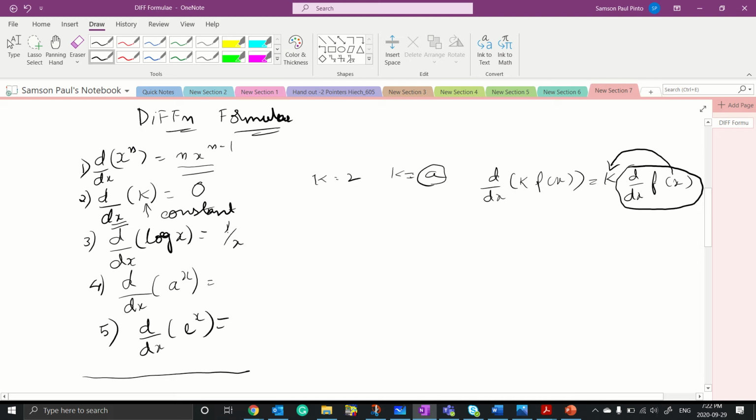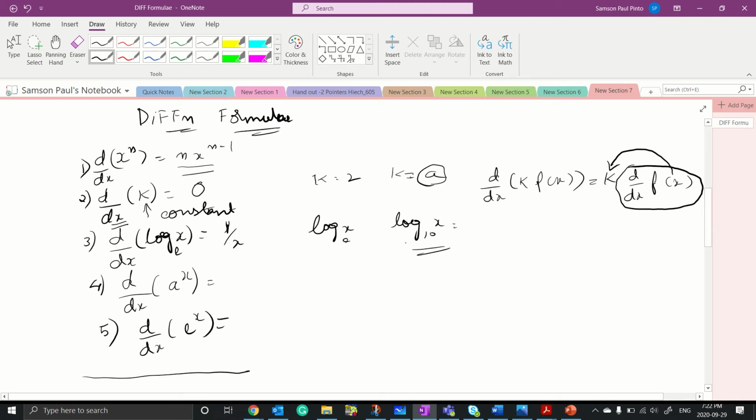Similarly, differentiation of log x is 1 by x. When I say log x, for our future references, this is the natural logarithm and the base is e. If I specify log base 10 of x, then the base is 10.